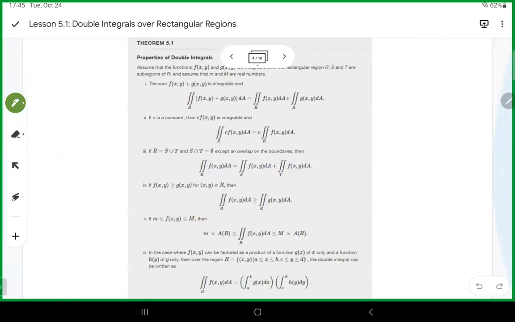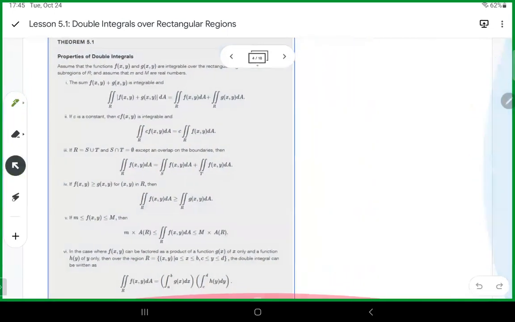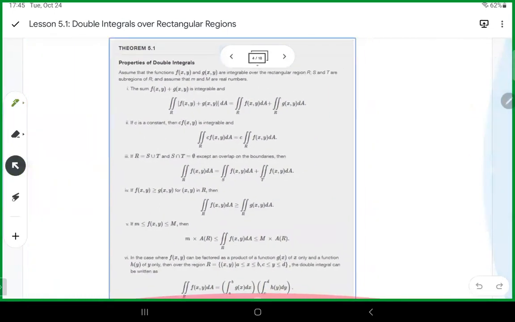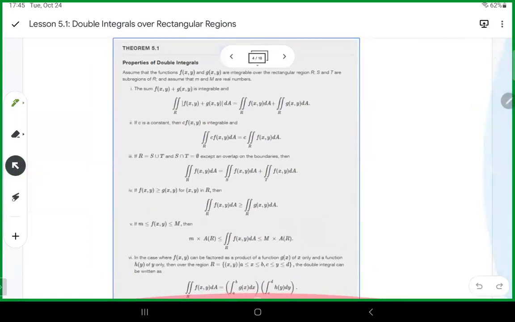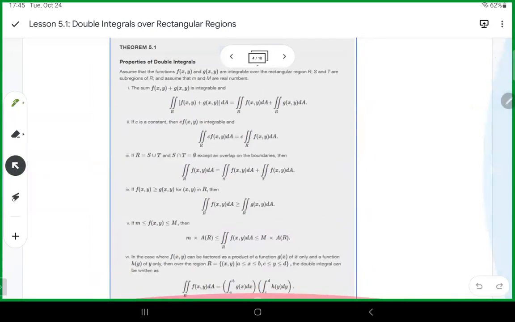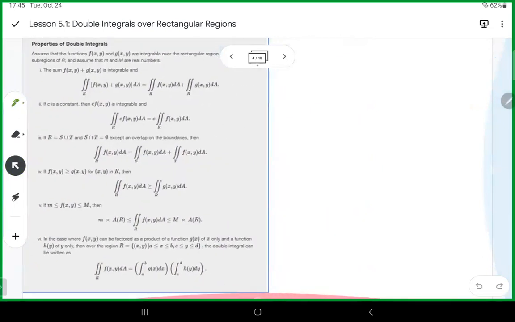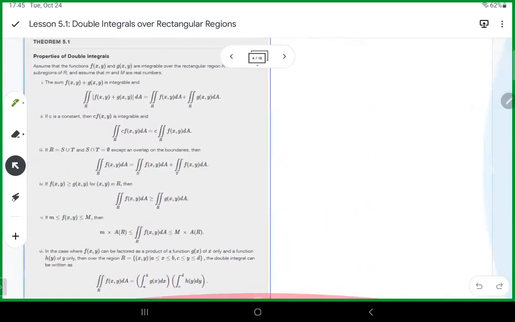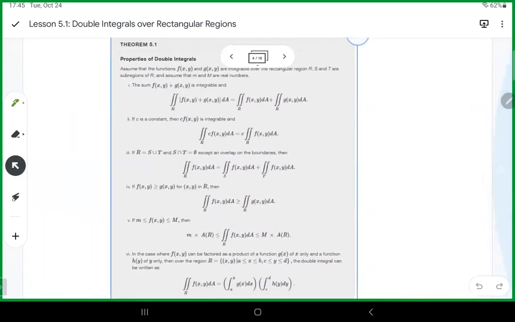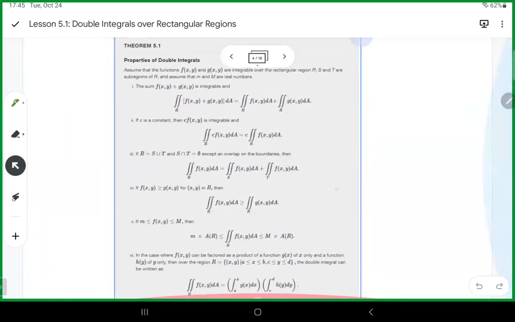All right, what you're going to see next is that we have a few theorems. If you're having a hard time reading it, you can either read it in your textbook or you can wait for the PDF.